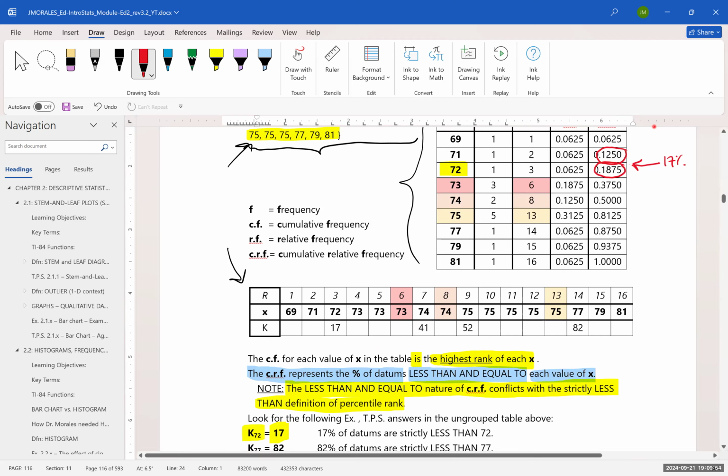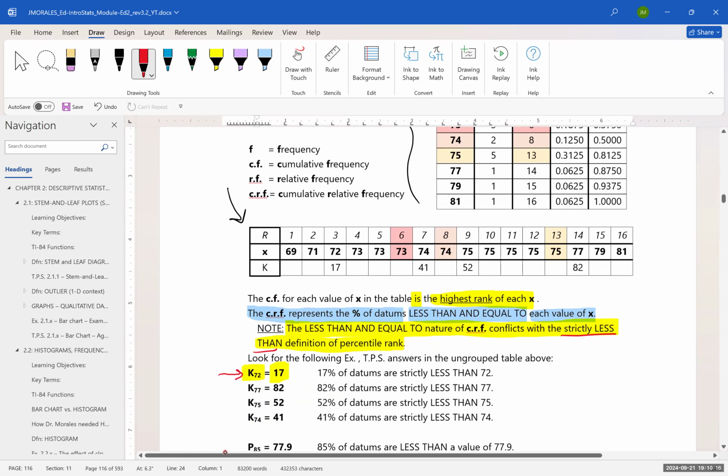So because of the way we defined percentile rank to mean strictly less than, the value that we calculate for percentile rank is typically going to be less than the cumulative relative frequency of that same datum of interest.